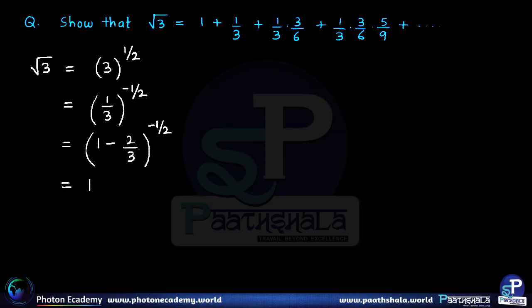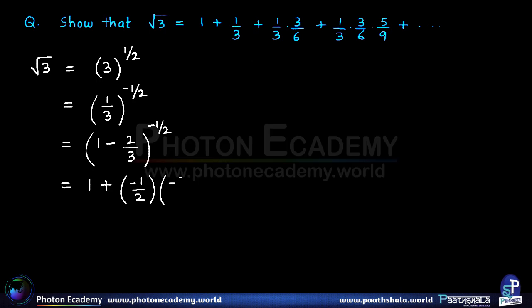So that is equal to, we have seen (1 + x) raised to n is 1 + nx. So here n is nothing but minus 1/2 and x is nothing but minus 2/3. Alright, so we are just comparing this with (1 + x) whole raised to n.